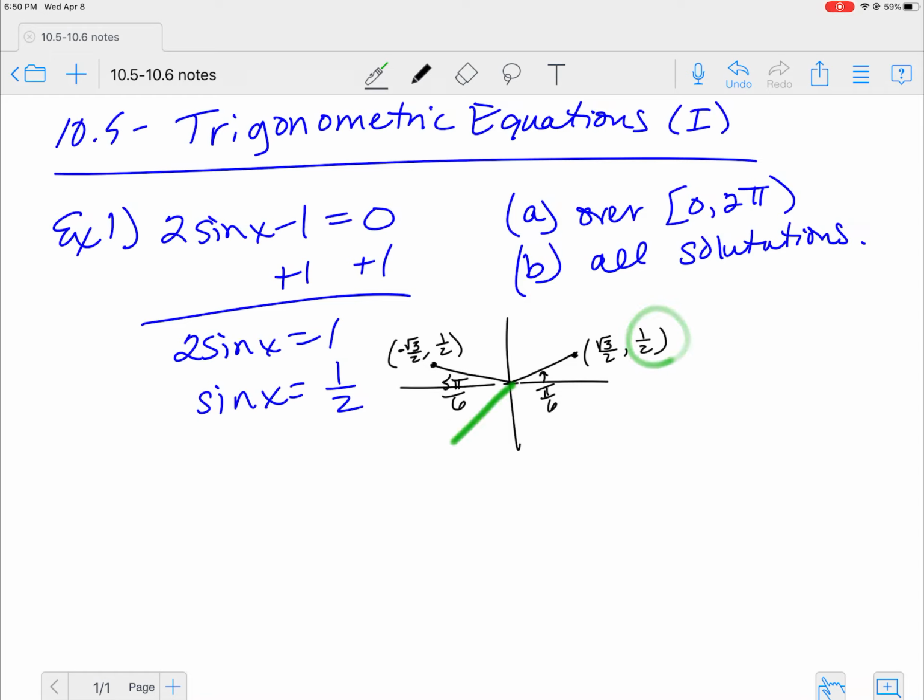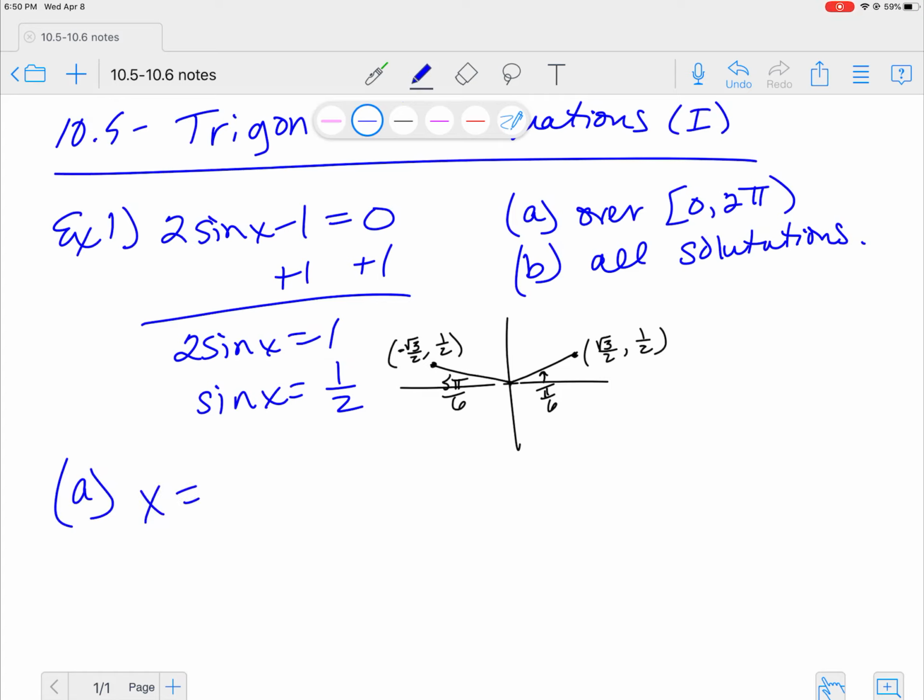So pi over 6 is the coordinate point square root of 3 over 2, 1/2. And 5 pi over 6 is the coordinate point negative square root of 3 over 2, but still positive 1/2. So my positive 1/2 for the sine is the kicker. Now, why isn't it going to be down here? Because my sine is going to be negative down there and my problem says positive.